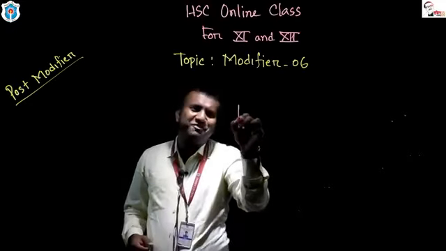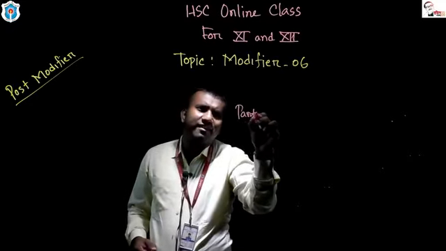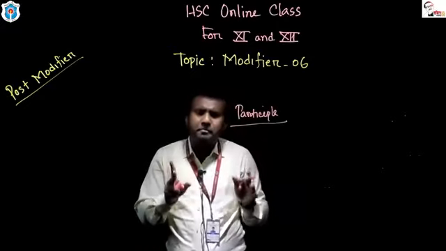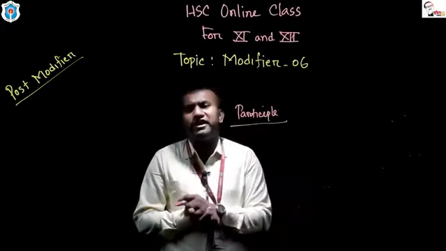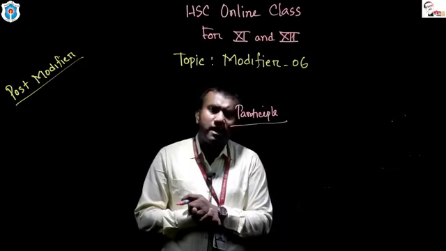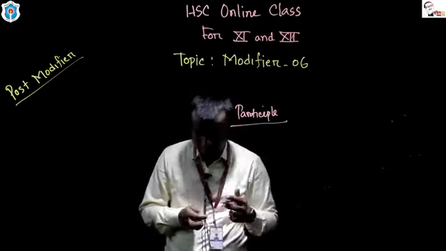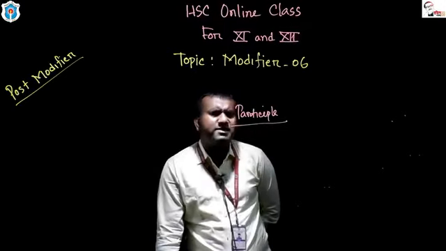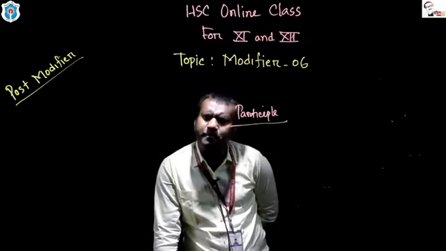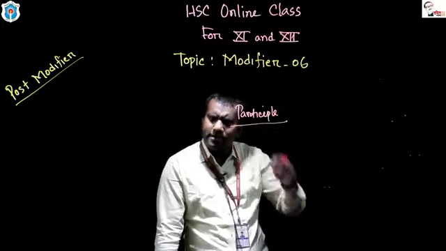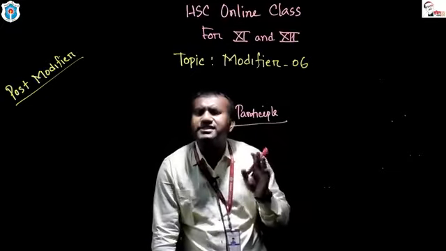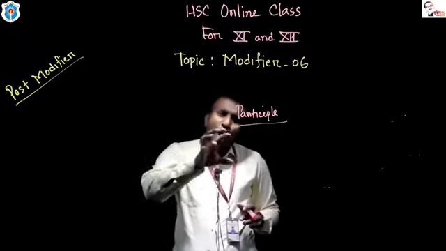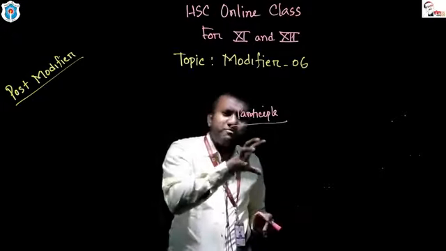Now it's time to learn participle. Like infinitive, participles are also non-finite verbs. Can I say that participles are the forms of verb? If it is, all participles are the forms of verb.